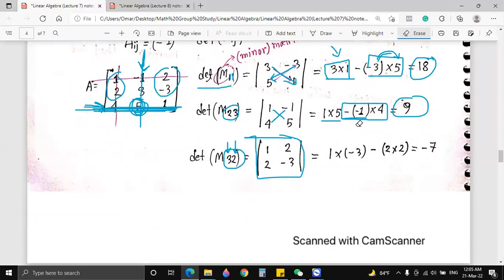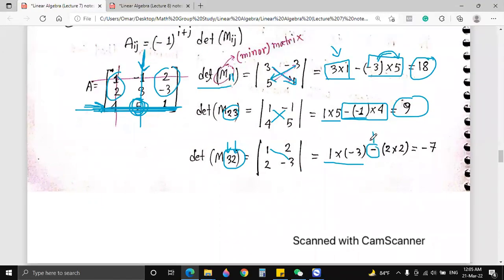So if I now multiply, so minus 3 and 1 multiply 1, that is going to be minus 3, and minus, this minus is the minus of the formula, okay? So minus 2 multiply 2, that means 4. So minus 3 minus 4, that will be minus 7. Okay, guys?